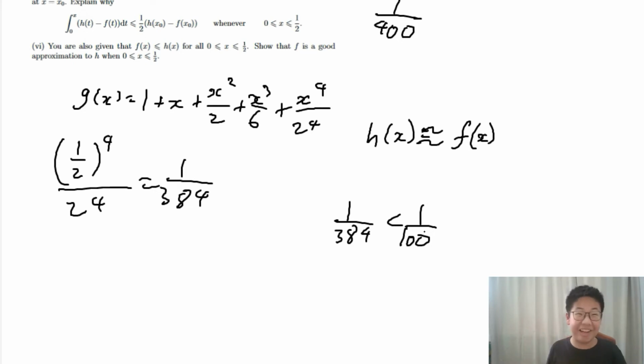Well, the answer to that right away, the MAT. So anyways, h of x is f of x plus 1 over 384, give or take, and so this means h of x is a good approximation to f, and the converse applies. f is a good approximation to h. And we're done with the question.